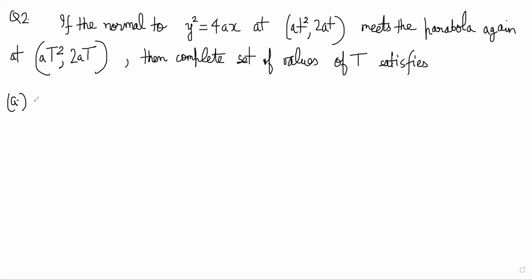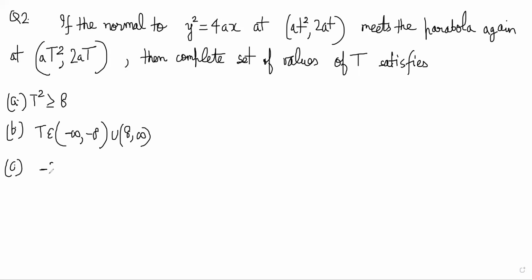The options are: A, T square is greater than or equal to 8. B, T belongs to -infinity to -8 union 8 to infinity. C, -2 is less than or equal to T is less than or equal to 2. And D, T square is less than 8.